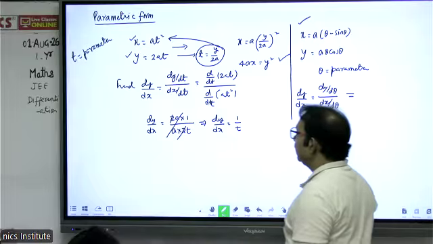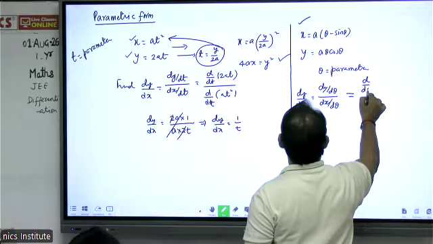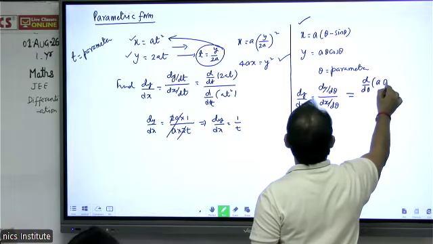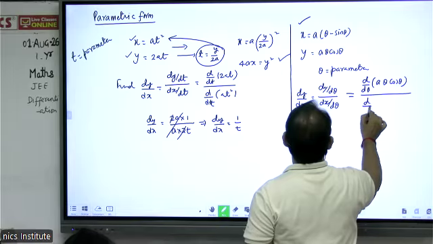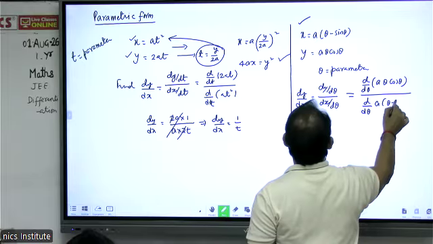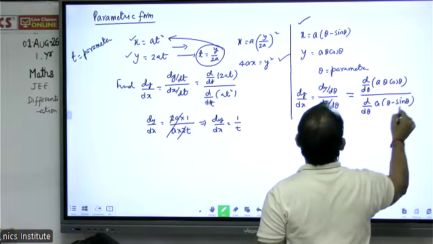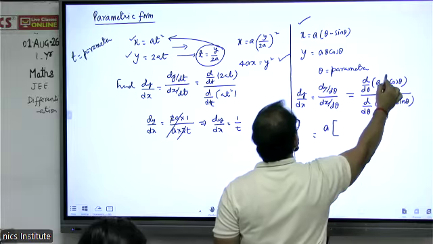So dy by d theta would be, you need to basically apply product rule over here. A is a constant, a theta cos theta, divided by dx by d theta, which is x is a into theta minus sin theta, right? A is a constant, you can take it out, and here you can apply product rule.